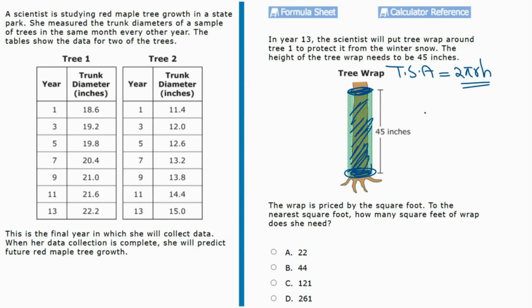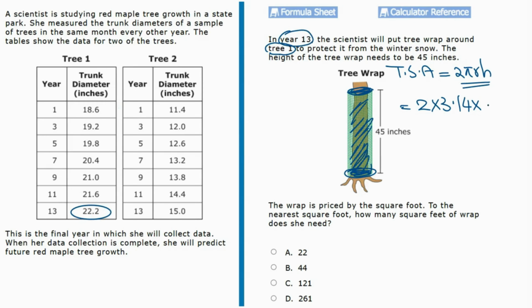So now we are going to find out the area in inches. So you will find 2 times 3.14 times the radius. You can see tree 1 and it is year 13. For tree 1 year 13, the diameter is given as 22.2.